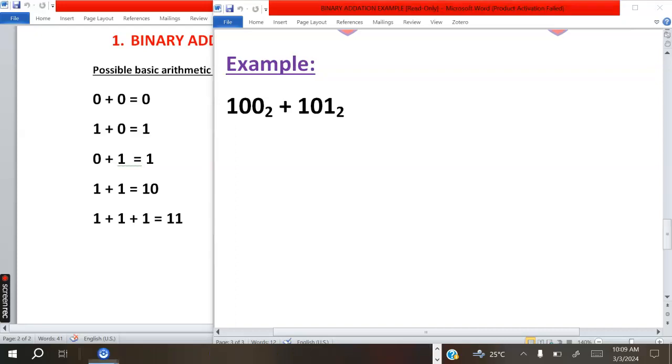Okay, let's do it. So we have 1, 0, 0, 1, 0, 1.